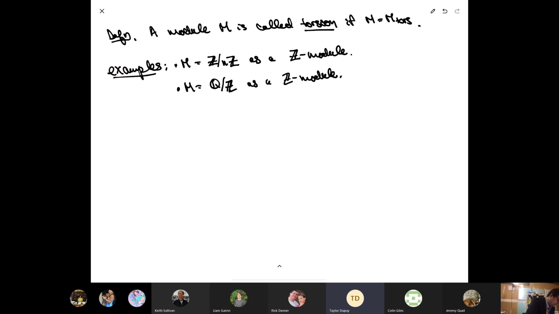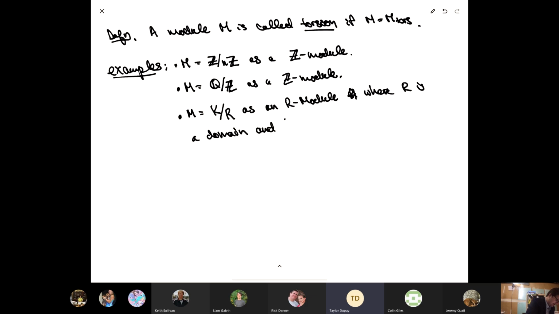In general, you could do M equal to K mod R as an R-module, where R is a domain and K is the fraction field of R.